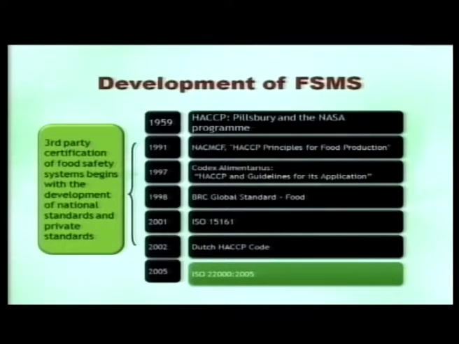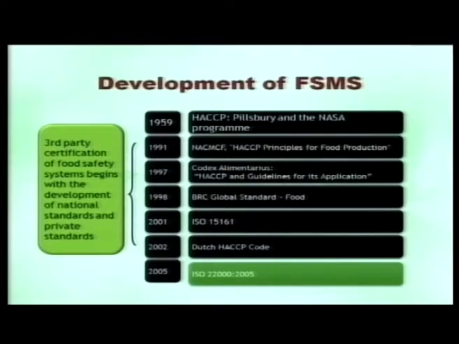In the year 1997, the Codex Alimentarius Commission added many requirements and made a revised version, HACCP and guidelines for its application, which is valid till date and there is no further revision on it.